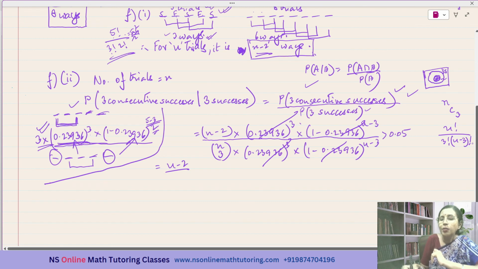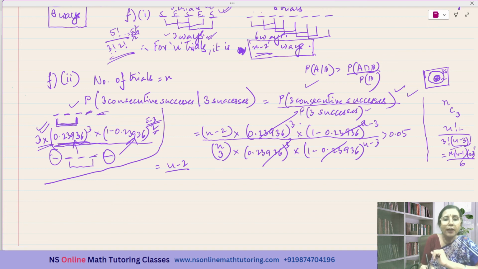So this can be written as n, n minus 1, n minus 2, over 3 factorial, which is 6, because 3 times 2 times 1 is 6. The n minus 3 factorial terms cancel each other. So the denominator will be n times n minus 1 times n minus 2 over 6.